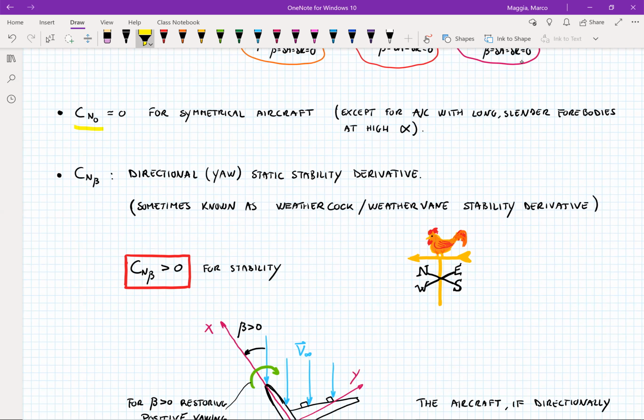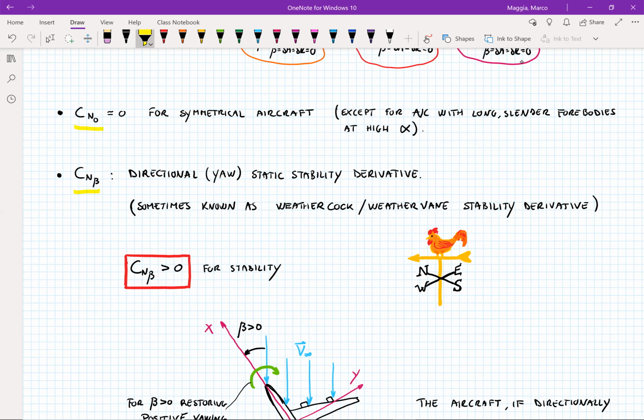Now, the first derivative that we encounter that is non-zero is Cn beta. So the change in terms of the yawing moment due to a non-zero or a change in the side slip angle beta.